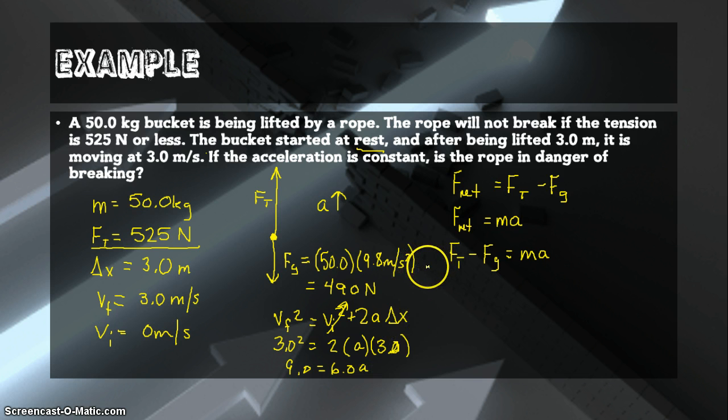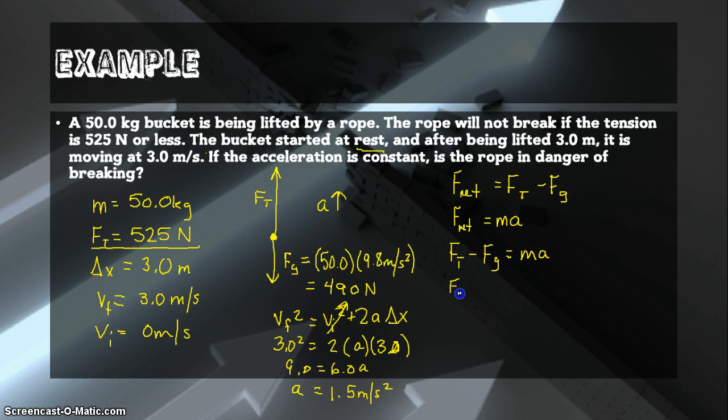So therefore, my acceleration is going to equal 9 divided by 6, or 1.5 meters per second squared. So now I have everything I need to solve to see if that tension exceeds 525 newtons.